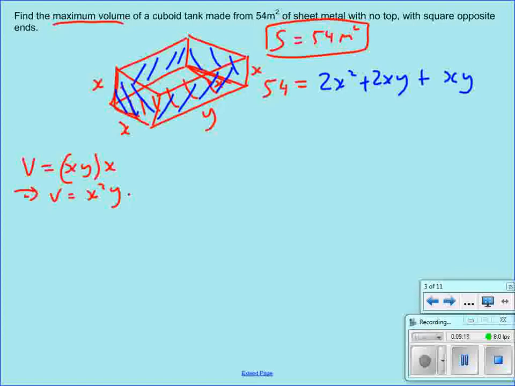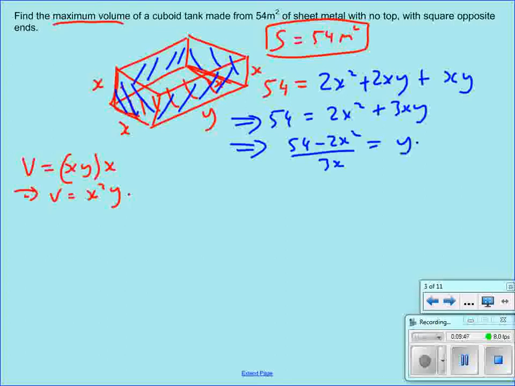Right? So if I then rearrange, I can get things in terms of y. So 54 equals 2x squared plus 3xy, which implies 54 minus 2x squared divided by 3x equals y.